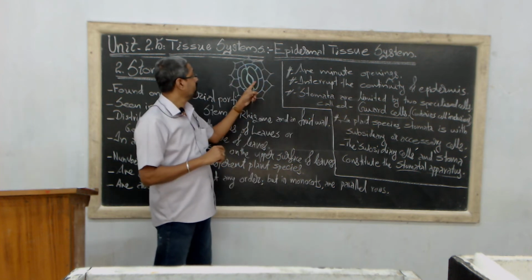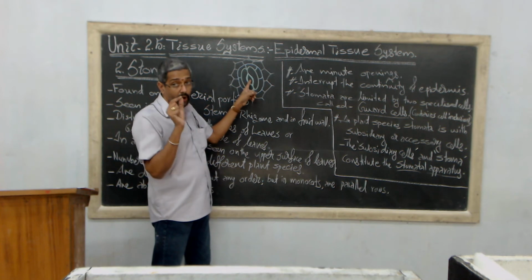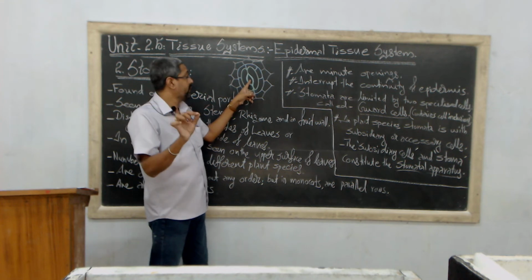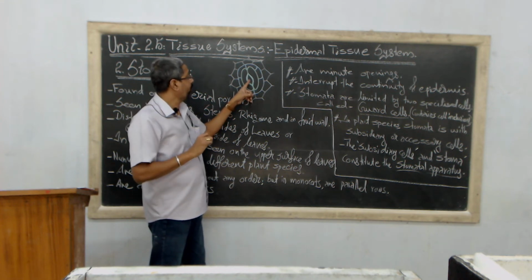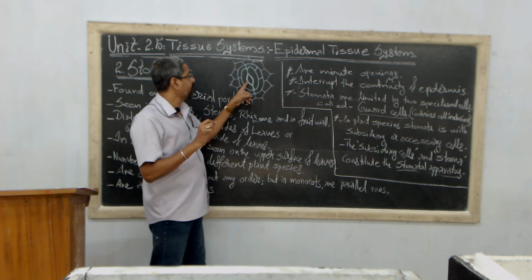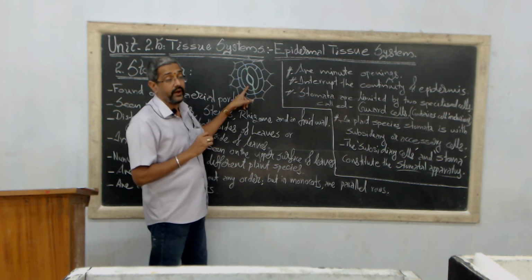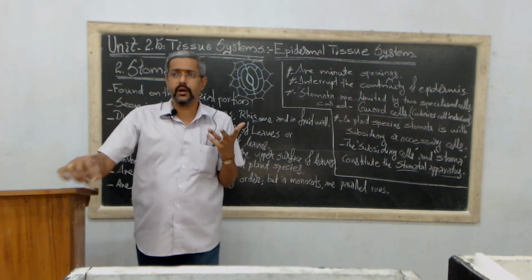Here in this diagram, the stoma is a minute opening, guarded by two specialized cells. Why specialized?